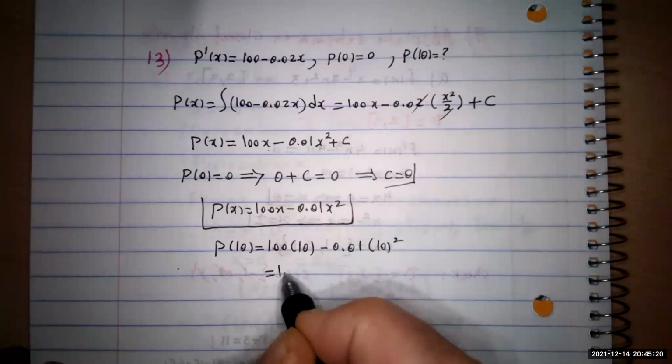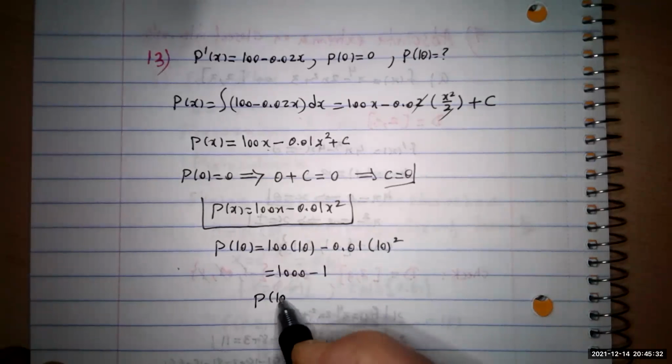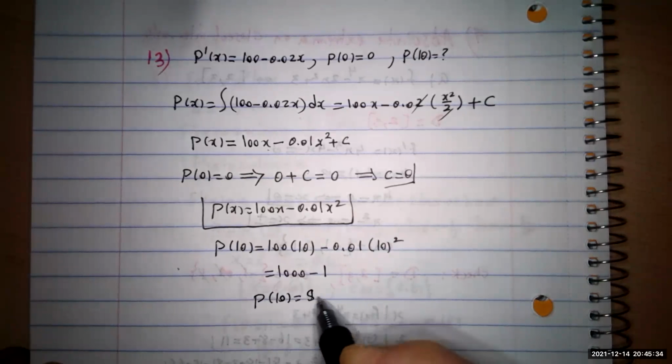So the first one would be 1000, and 100 times 0.01 would be 1, so that gives you 999. So that's going to be $999.